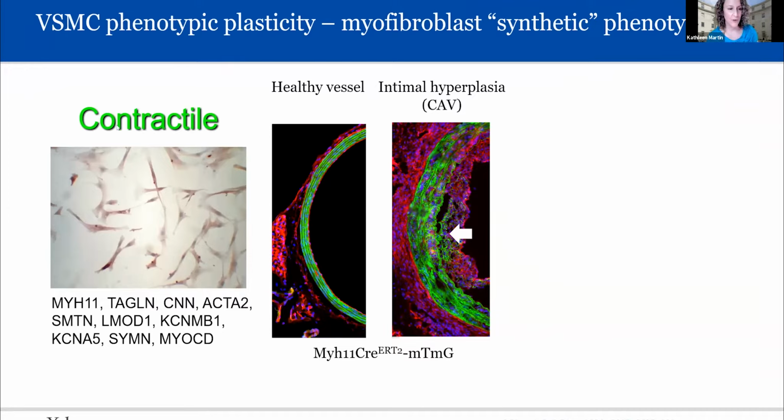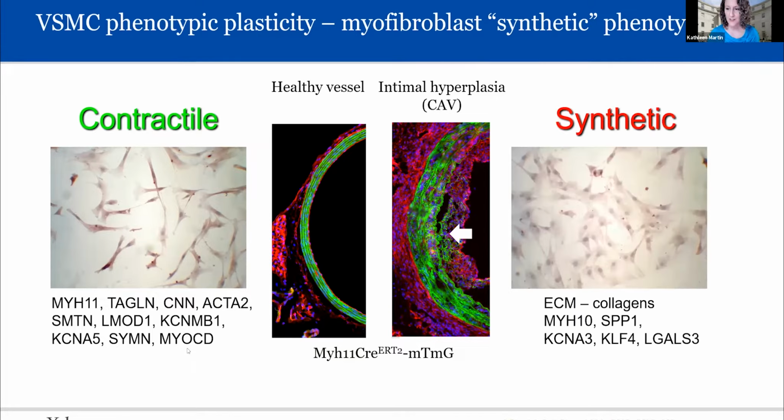This is an example of the differentiated contractile phenotype with this elongated myocyte morphology. They express a repertoire of smooth muscle specific contractile proteins, also contractile phenotype specific calcium channels and transcription factors like myocardin.